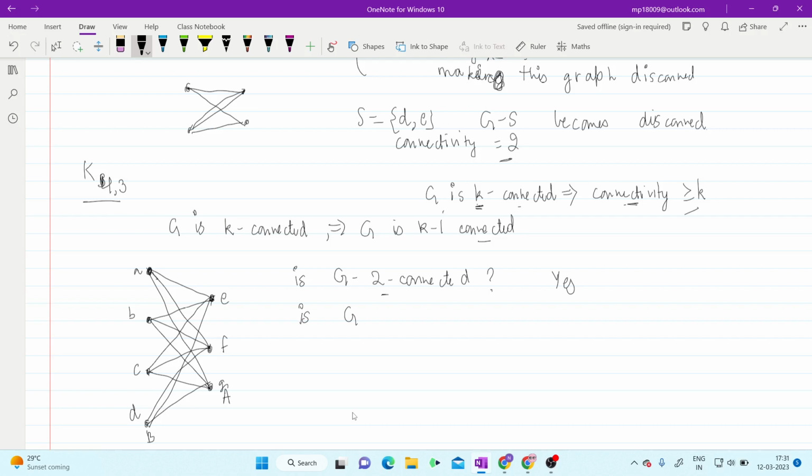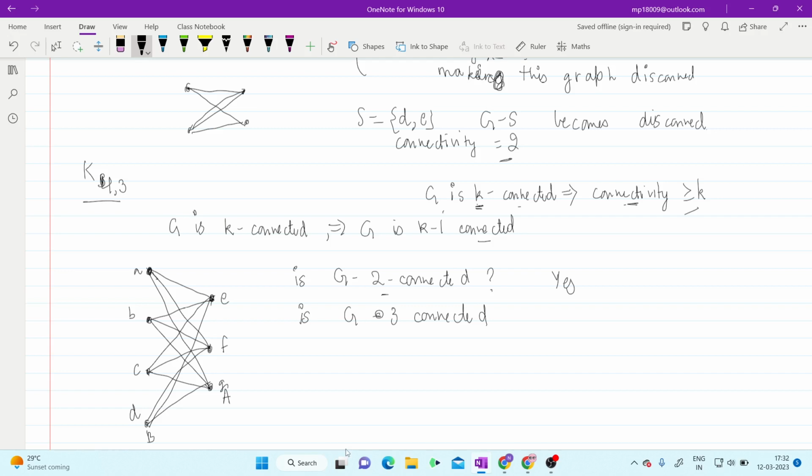What about, is this G 3-connected? Yes. Even if you remove two vertices, the graph will remain connected.